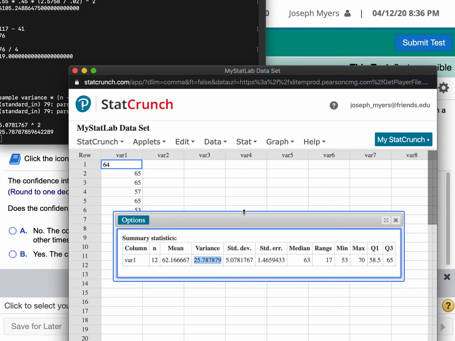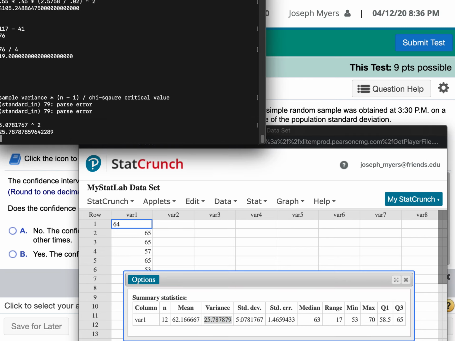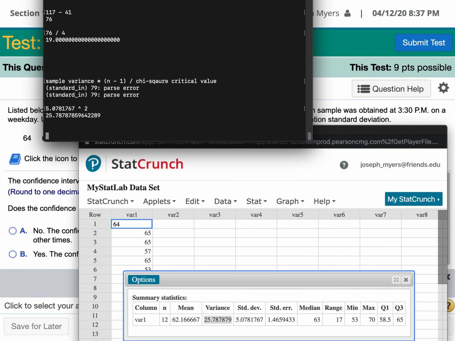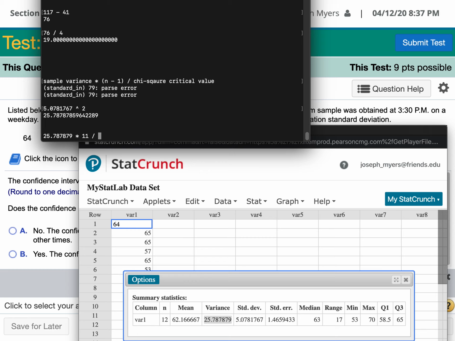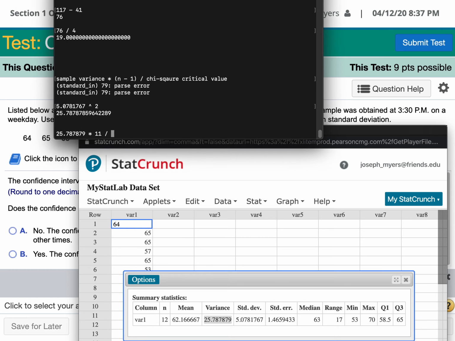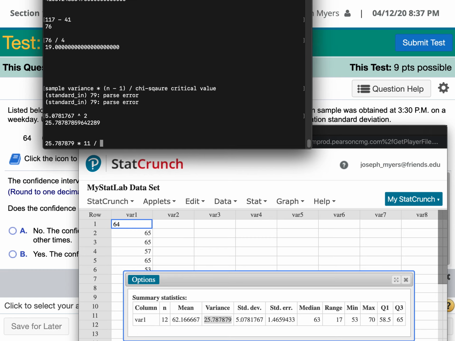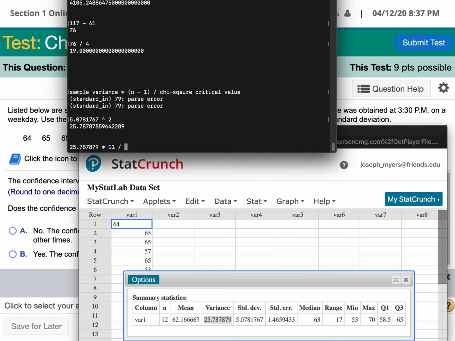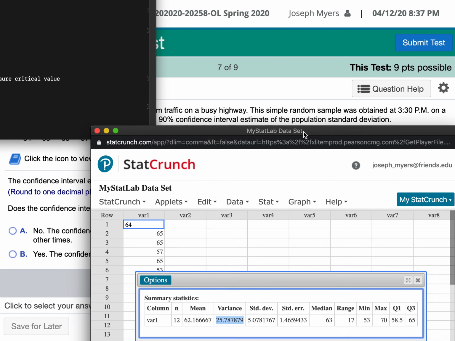So if I take the sample variance, which is 25.78, times n minus 1, where n is 12, so n minus 1 is 11, and divide that by the chi-square critical value, I'll get an estimate of the population variance.